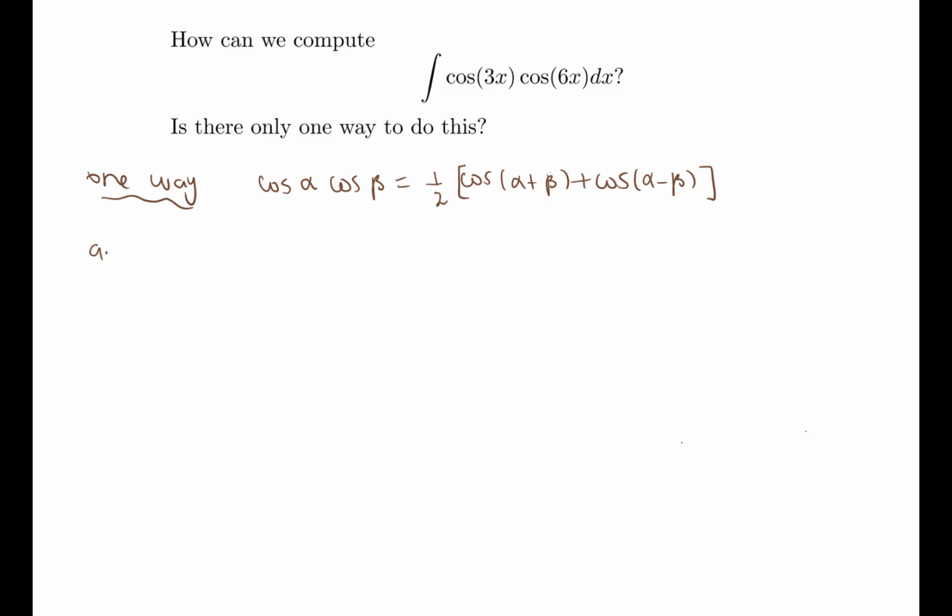The other way also requires us to use trigonometric identities. In particular, notice that we have the cosine of an angle times the cosine of the angle doubled. And what happens is that the cosine of the angle doubled is related to the sine of the angle in the following way.